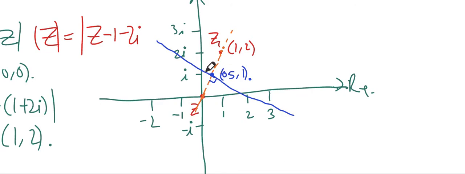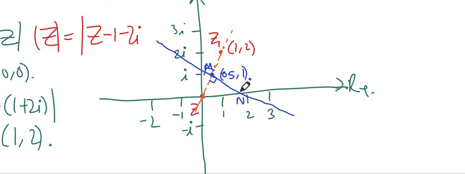Let's label this midpoint M, and maybe that's N. So z, M, N should definitely be a right angle.